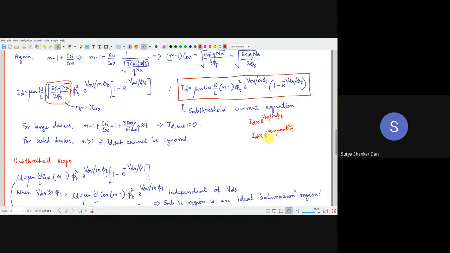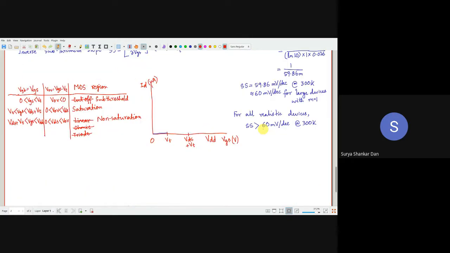So now you realize that it is an exponentially varying curve, however with a negative sign. That means it is an exponentially decreasing curve. Okay, therefore when we are speaking about this linear scale in microamperes order, it decreases exponentially.